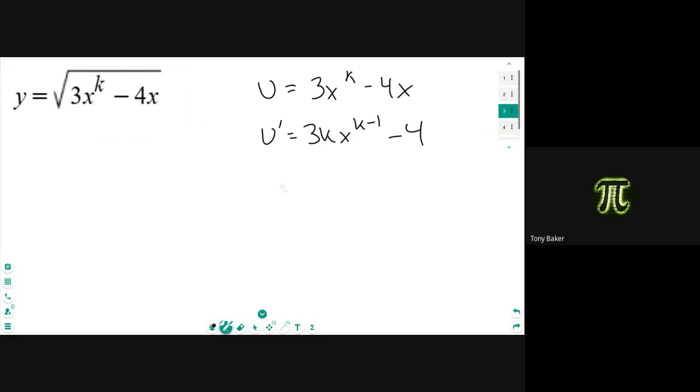So then I have u to the 1/2 power, right? So I have square root of u, which is u to the 1/2. What's the derivative of that? 1/2 u to the negative 1/2, right. Which is 1/2 square root of u.